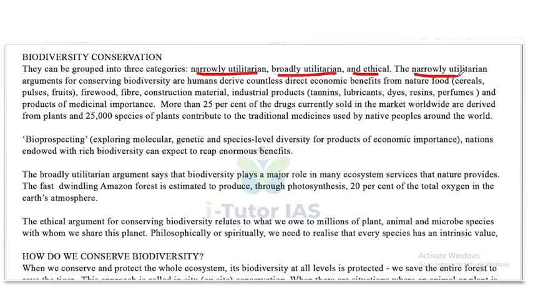The narrowly utilitarian arguments for conserving biodiversity are that humans derive countless direct economic benefits from nature, which include food, cereals, pulses, fruits, firewood, fiber, construction material, industrial products like tannins, lubricants, dyes, resins, perfumes, and products of medicinal importance.